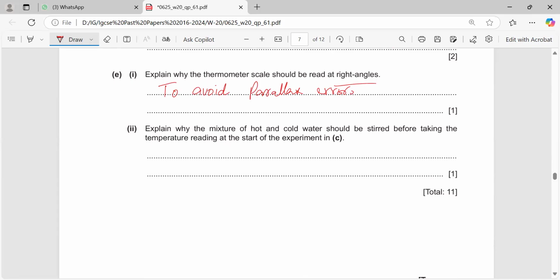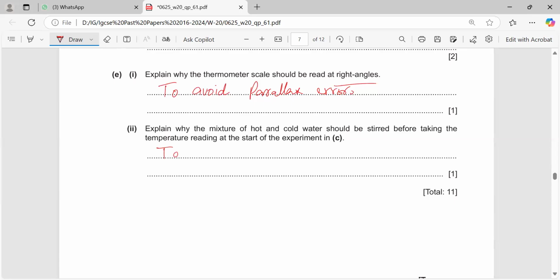If you are not stirring it, it will take longer time for the water to mix up and the temperature to be uniform throughout the liquid. So when you are stirring continuously, it will keep the temperature throughout the liquid same or constant.